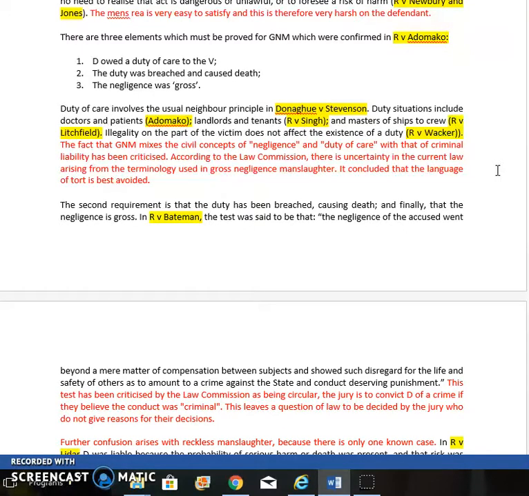The Law Commission say that we should avoid civil language in criminal law because it's confusing and it's best avoided. So we can criticise all of gross negligence manslaughter on the grounds that it is too similar to tort, and tort should be very different to criminal.